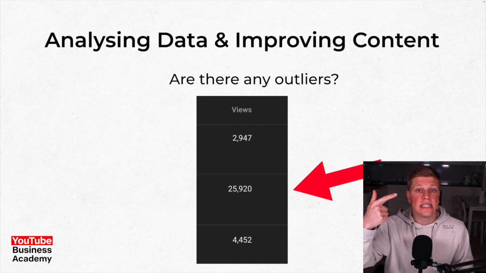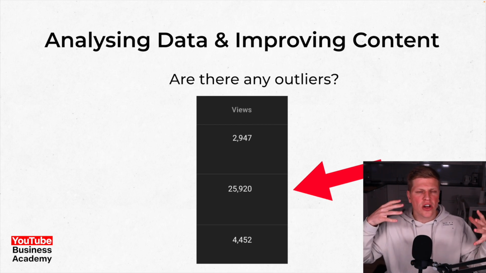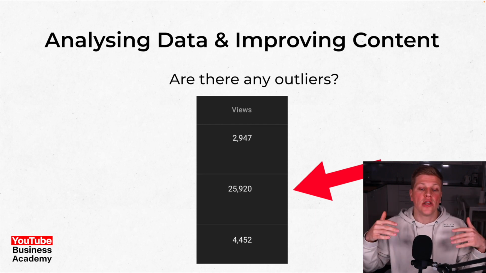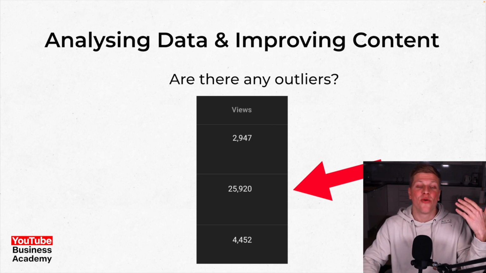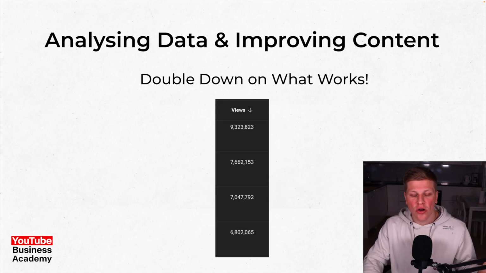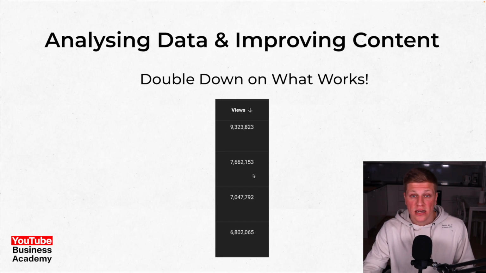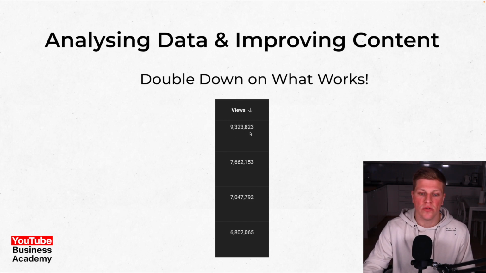Was it the video itself? How did we edit? What was the concept behind the video? Then you want to think and experiment, and do more of what's working. Because when you double down on what actually works, eventually you're going to start getting numbers like this. As you can see, this is all in millions. This one has 6.87 million and the highest viewed video is 9.3 million.